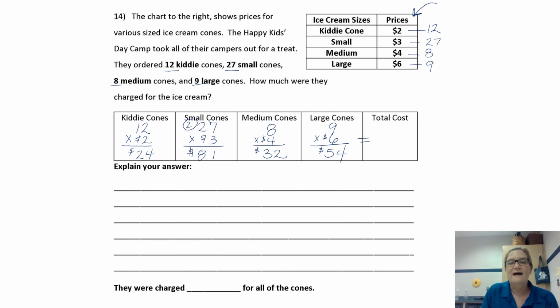Now we're going to add up the price of all of the cones to find out how much was spent in all. So we have 24, 81, 32, and 54.